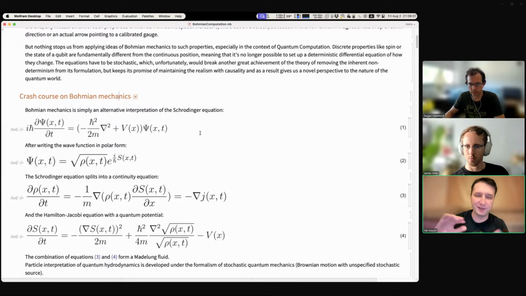You take the usual Schrodinger equation, where you have a wave function, and you substitute the wave function in its polar form, with real amplitude and phase.